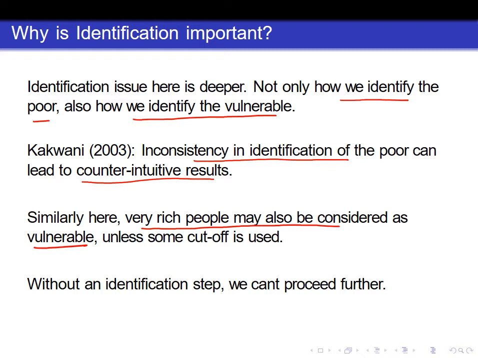We want to exclude people who are extremely rich and who in a very extreme situation may also become poor. So as mentioned before, without an identification step, we can't proceed further. So we need to have that identification, some rule, some cutoff to identify who the vulnerable are.